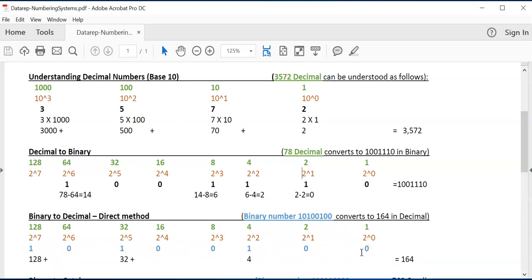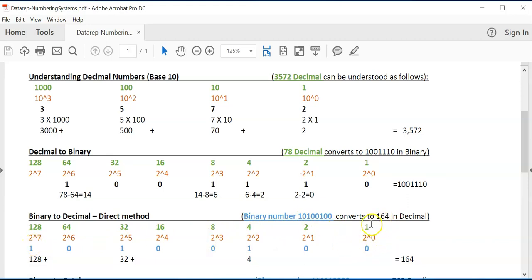Well, the next step is we're going to take a power of 2 because we're dealing with binary and write that power of 2 on top of each digit. And we begin from the right by saying 2 to the power of 0. And then we keep increasing it as we go, all the way to the last digit.